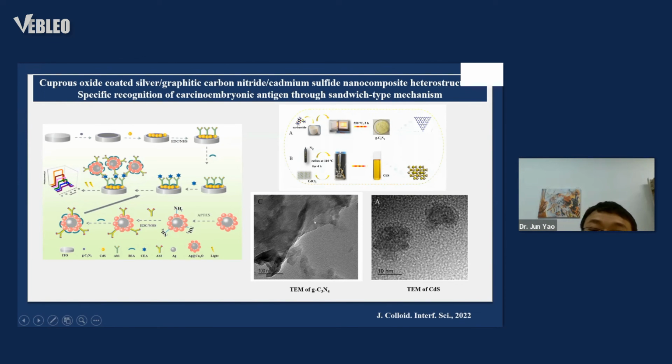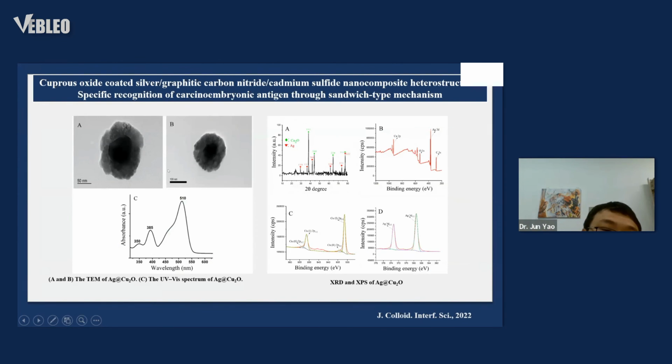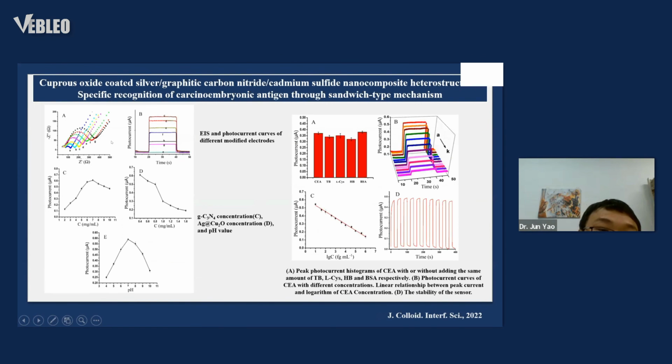There are some characterizations, including TEM, SEM, UV absorption, XRD, XPS, EIS.